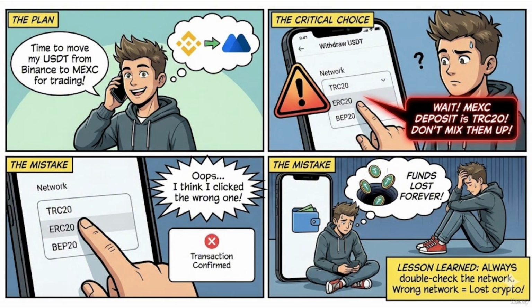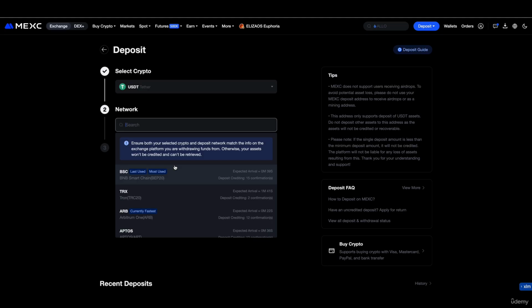Since my USDT is currently in Binance, I usually choose BSC, which stands for BNB Smart Chain, as the network to transfer USDT. This network uses the BEP20 protocol, which was developed by Binance itself. I prefer using BEP20 because it's fast, stable, and has one of the lowest transaction fees compared to other networks like Ethereum or Tron.